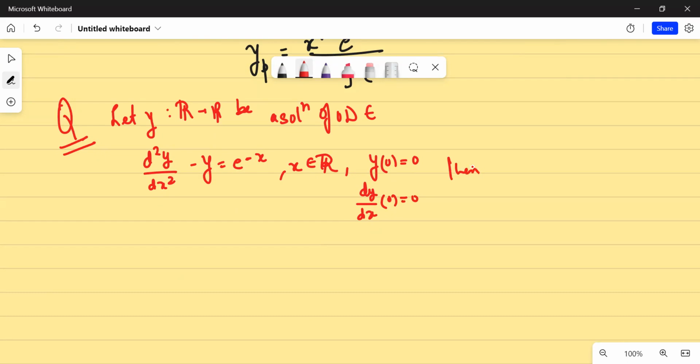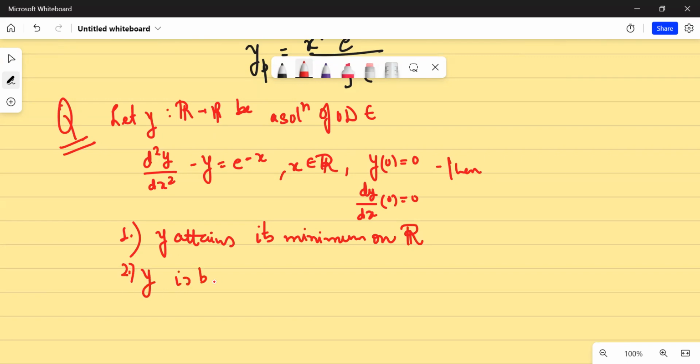Then option 1 says y attains its minimum on R. Option 2 says y is bounded on R.